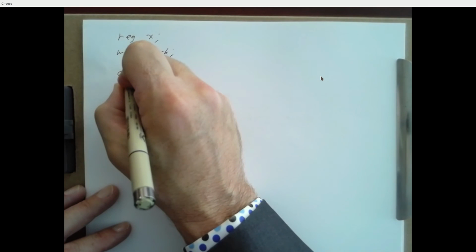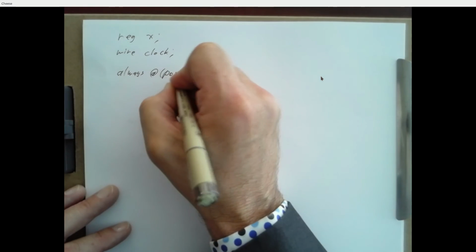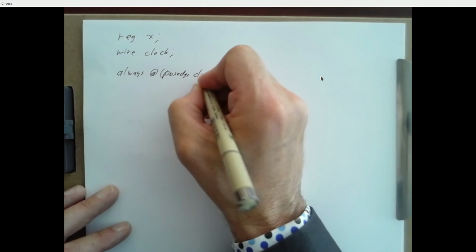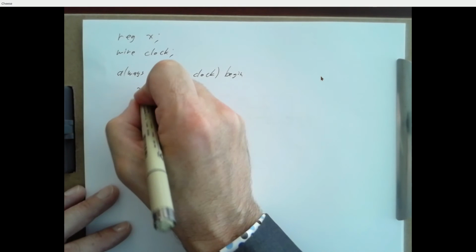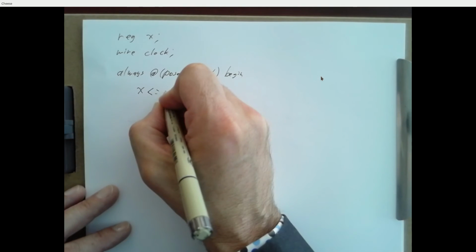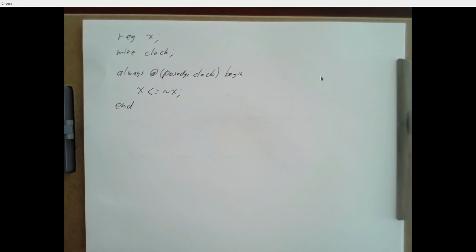And let's say always at positive edge clock begin. X gets assigned the negation of X. So tilde X means complement in Verilog. So X is assigned its complement.